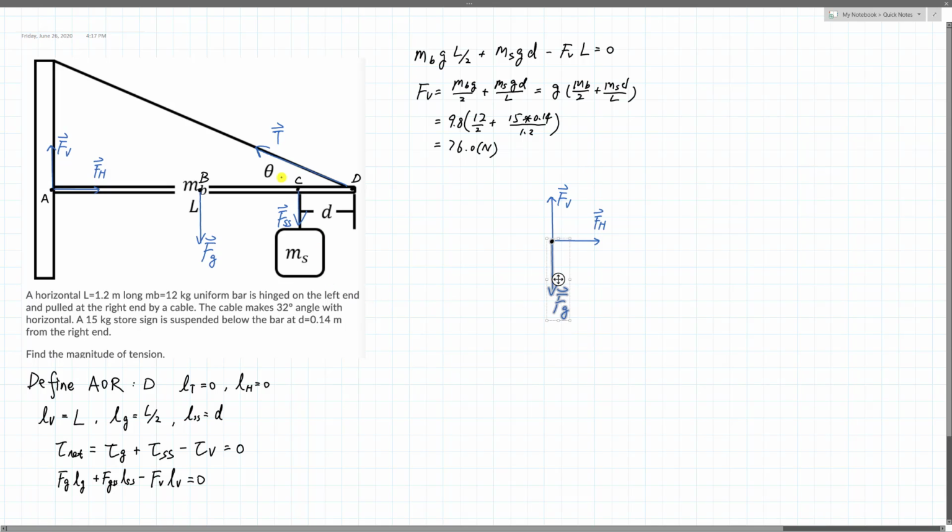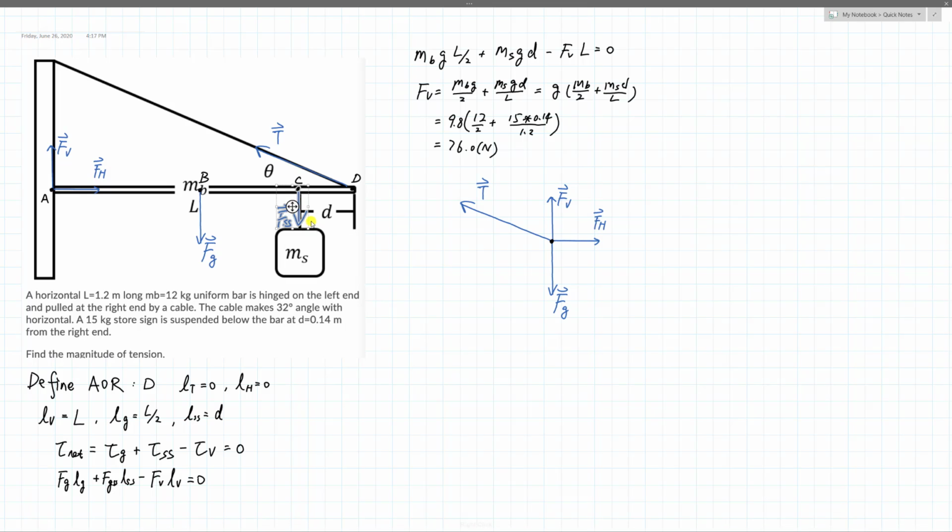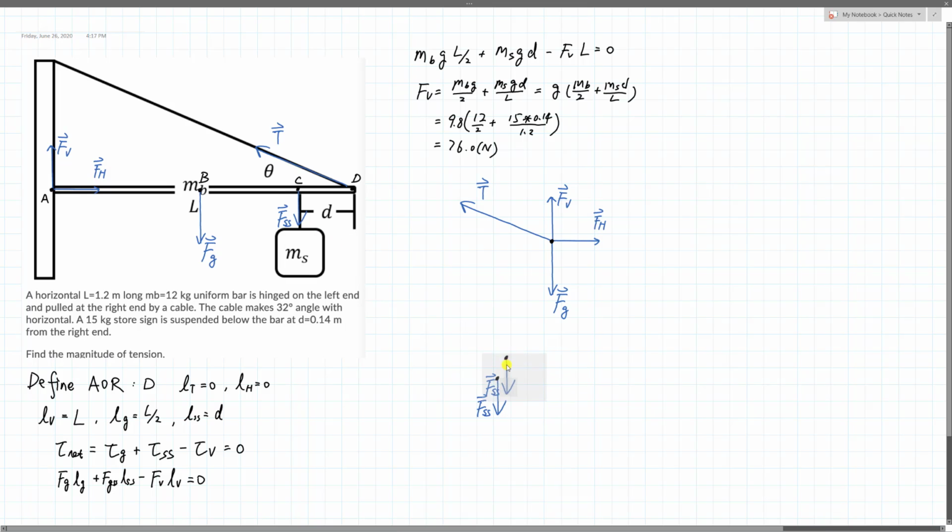Okay, here's tension. There's one more, this is gravity here. I'll keep this slightly offset so we can see there are two forces down.